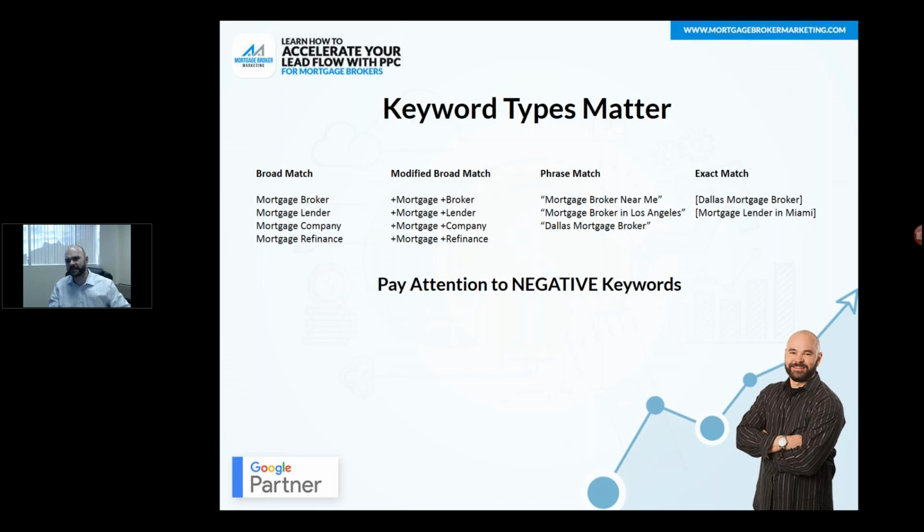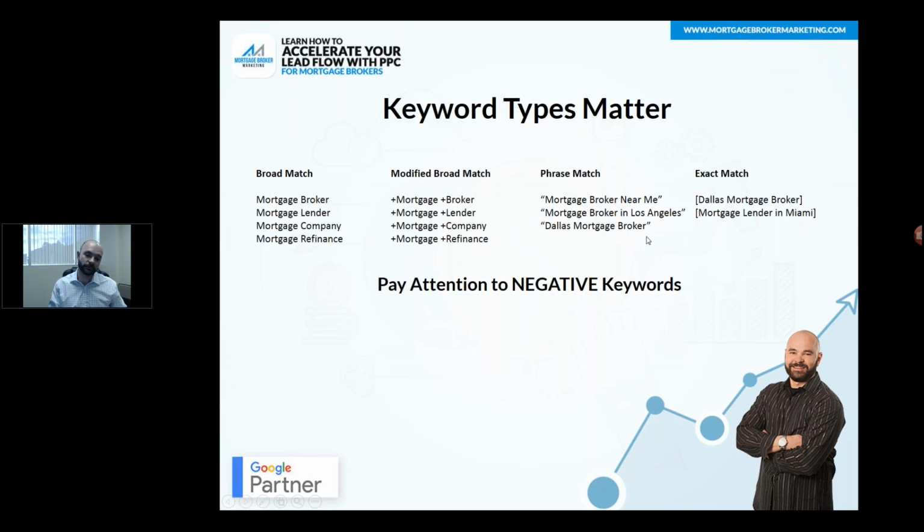So I hope that makes sense. The words that you have a plus sign in front of need to be in what they search. It can be at the end, it can be backwards, and it doesn't matter which order they were typed in, but as long as they were in there, your ad would show.